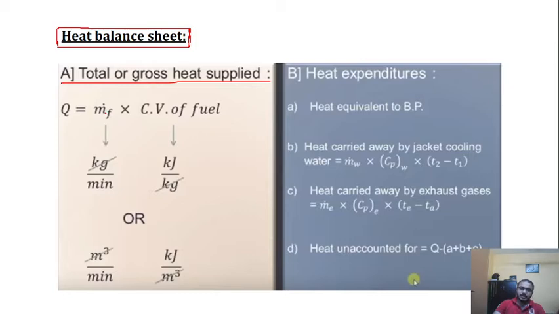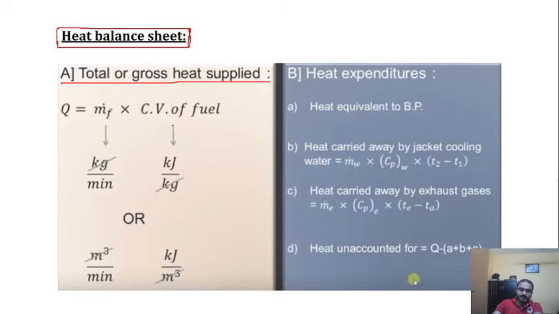If you recall, when we put a dot above any letter or unit letter here, then it becomes the flow rate or time rate of the same quantity. So this is the mass flow rate that we have, into Cv of fuel.